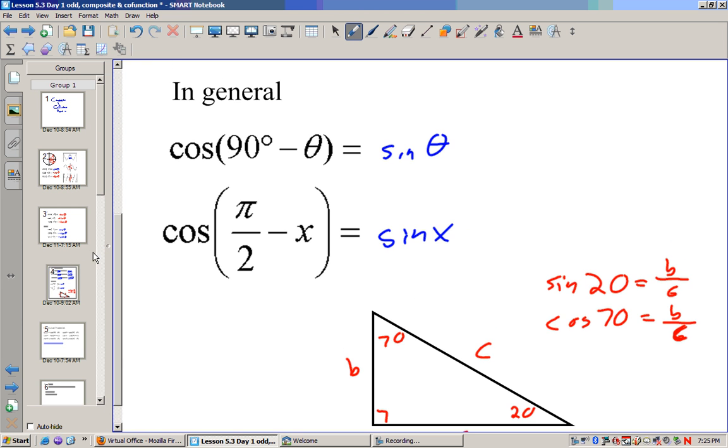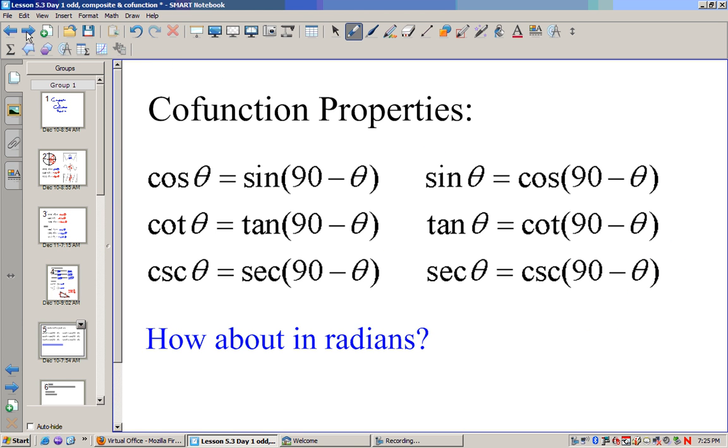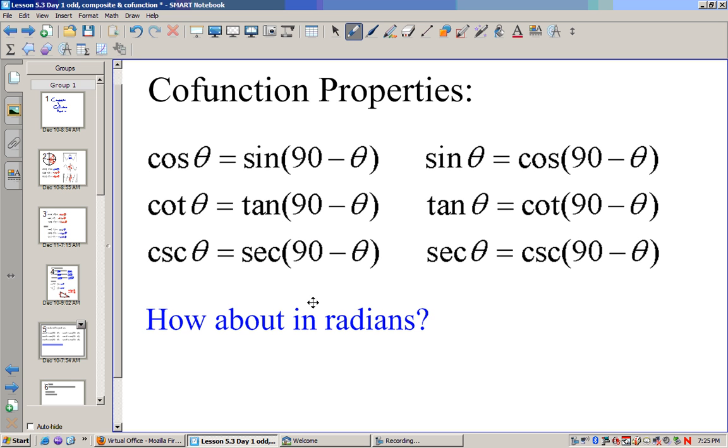Somehow I moved that out. All right, let's keep going. So these are what we call the cofunction properties. Now, it looks like there's a ton of properties that you need to memorize, but they're actually the same. This is just the reverse of this, and there's actually a lot more if we throw in radians.